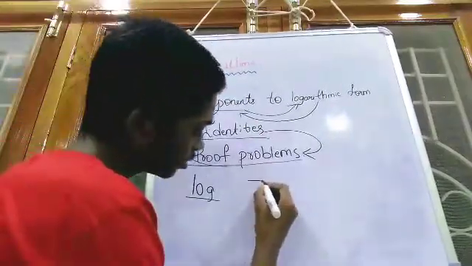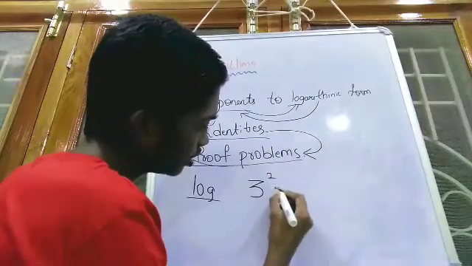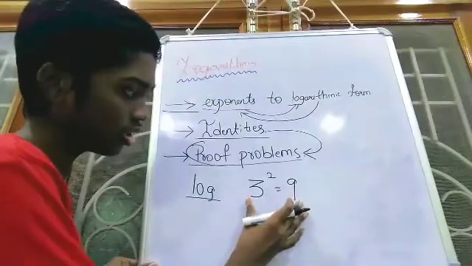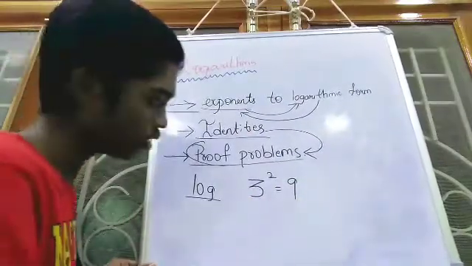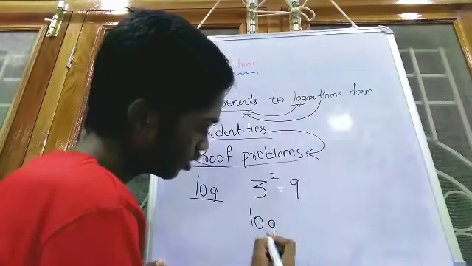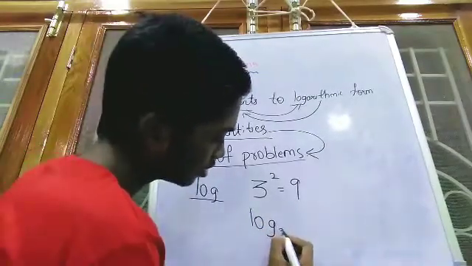If we take 3 square, we know that 3 square is equal to 9. So how do we express this in logarithmic form? First you have to write log as it is, log to the base 3.